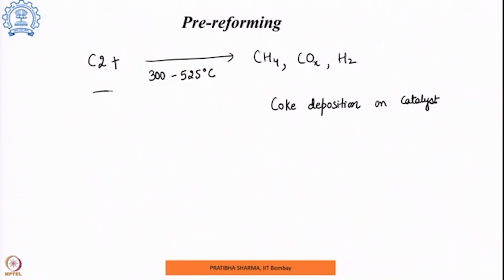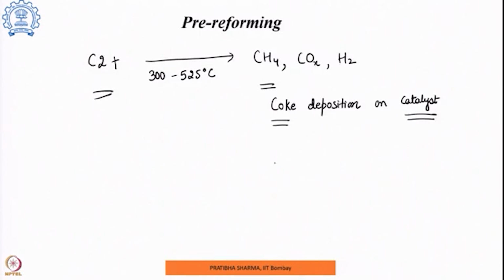These higher hydrocarbons are reactive as compared to methane, and during the process they can decompose to form carbon, and that carbon on deposition onto the catalyst surface can cause deactivation of the catalyst. Thereby there are several challenges that could be faced, that we will see a little later.